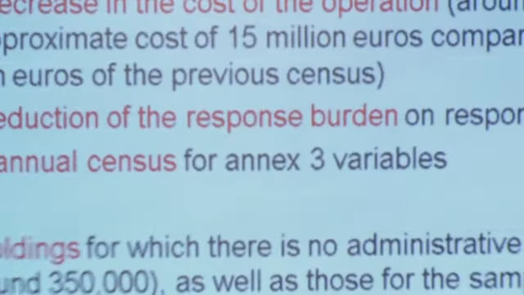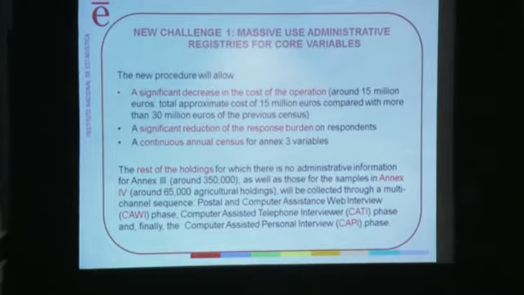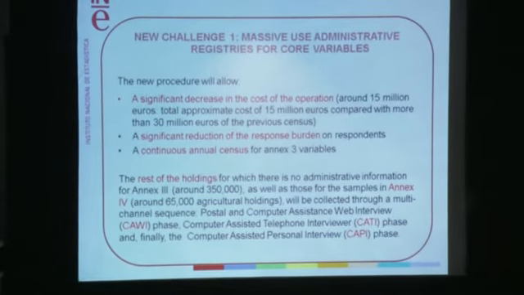With this, we are going to make a significant decrease in the cost of the operation. So this is around 15 million euros less than in our last census, so more or less half of the cost of the operation. We are going to have a significant reduction of the response burdens on respondents, and we are going to have a continuous annual census because all this information is in our register, and this is an annual register.